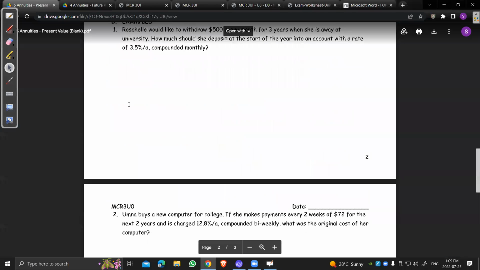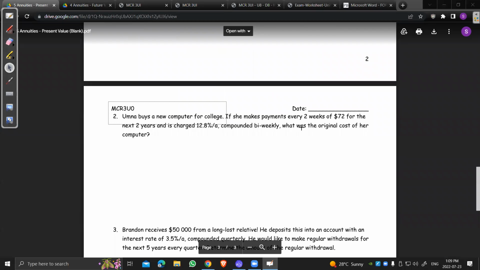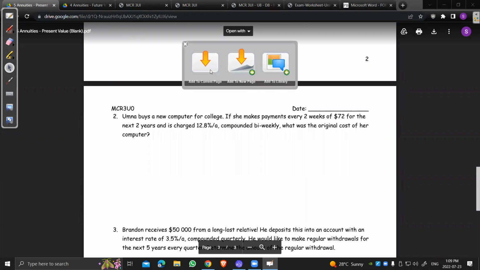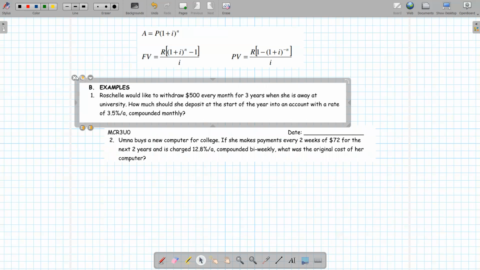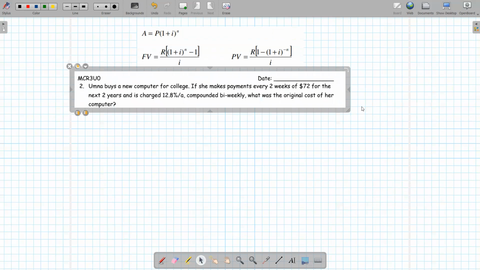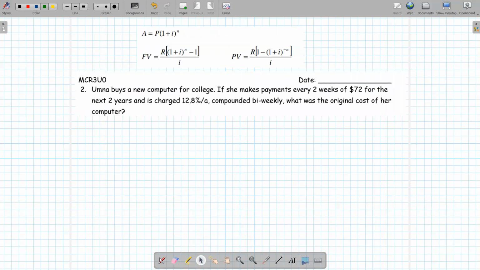All right, where were we? Okay, we're trying to do this next. To identify FV, PV, simple interest, compound interest.